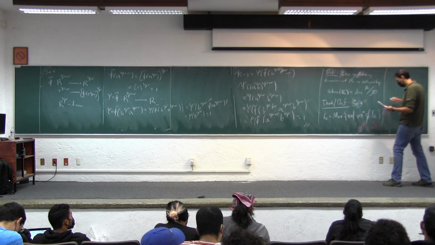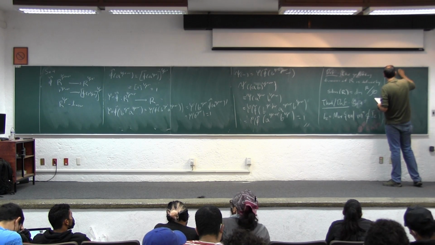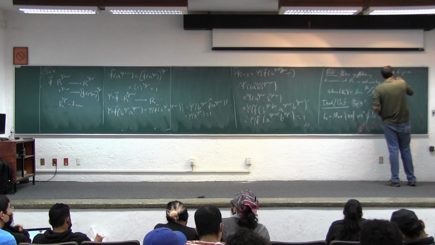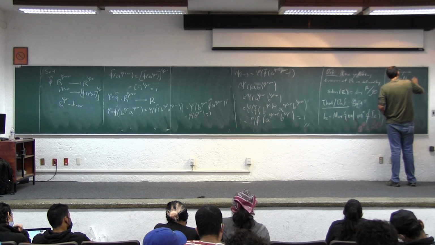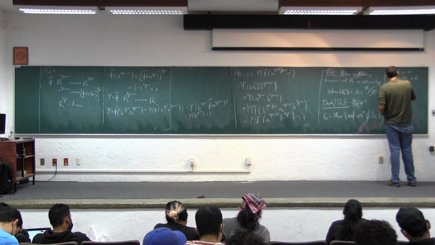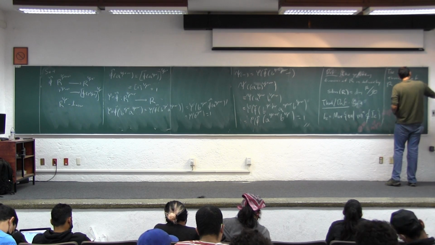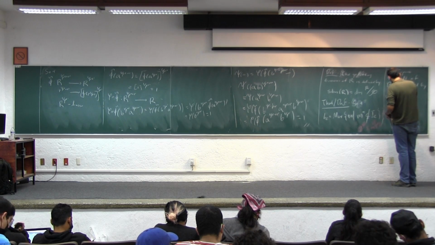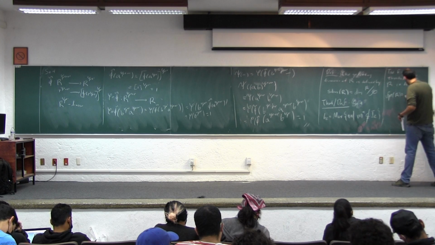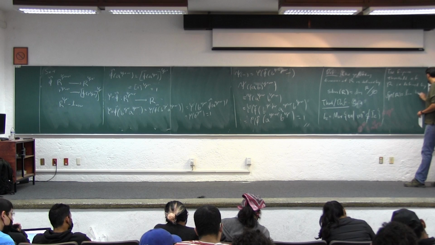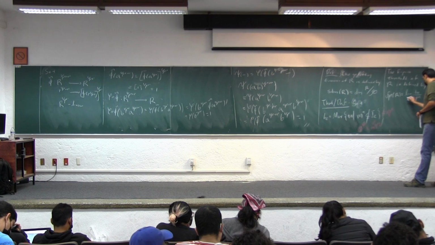So the pure threshold of R is defined by, we're going to write FPT of R is equal to the limit of B_E over P to the E when E goes to infinity.